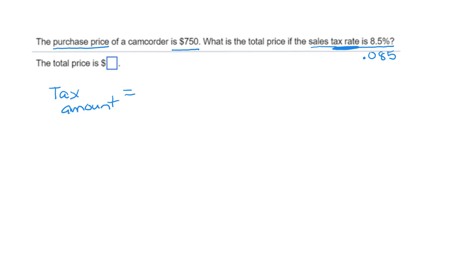And the tax amount can be found by taking your purchase price and multiplying it by the tax rate. So we're going to take the price of the camcorder, $750, and multiply it times the tax rate.